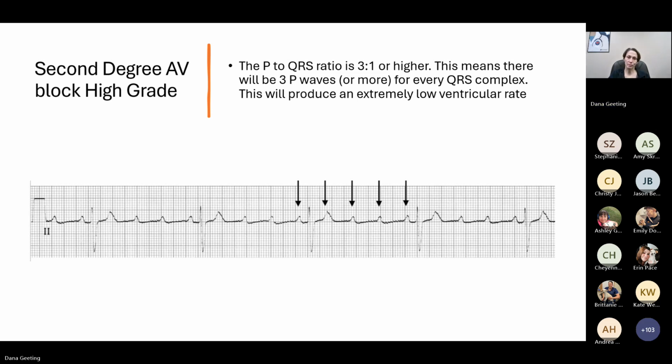So that would be a trigeminy. If you have 2 P waves, it's a bigeminy, and so forth. You're going to have an extremely low ventricular heart rate compared to your atrial heart rate.